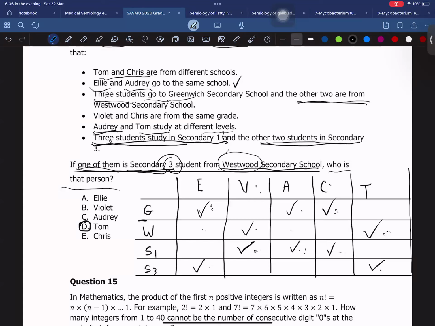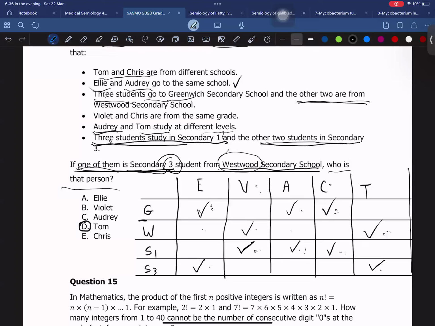Okay, as I can see, two students are really keen to learn with me. Okay, so can you send me the answer in chat? Yeah, thanks.